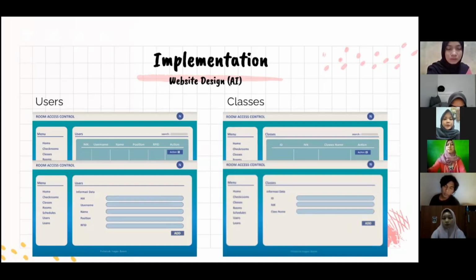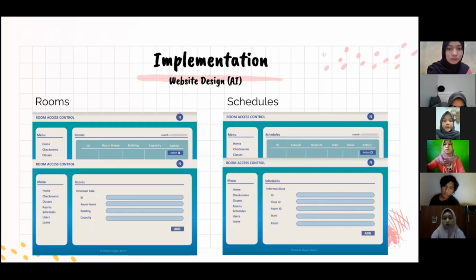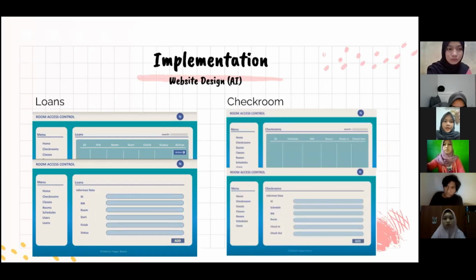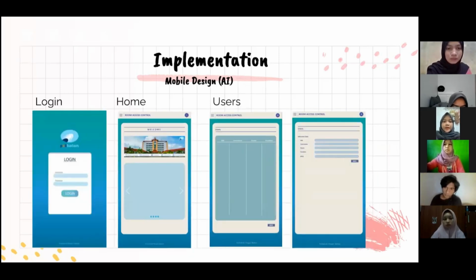and we have the user and class design. Next, we have the room and schedule design. Next, the launch and check room designs. Next, and this is the mobile design.